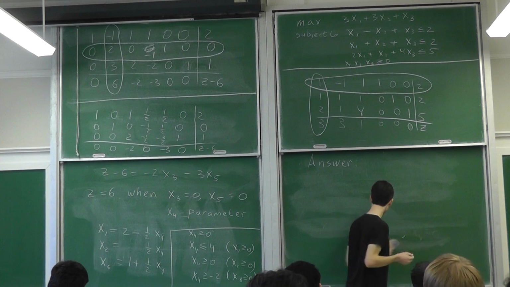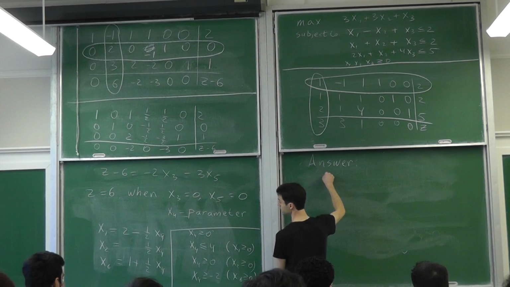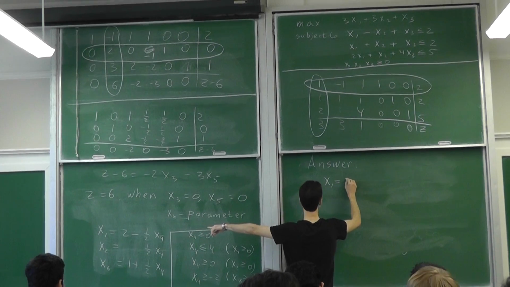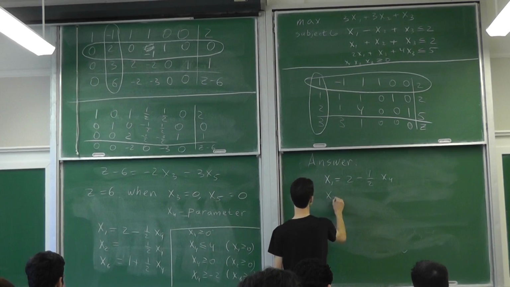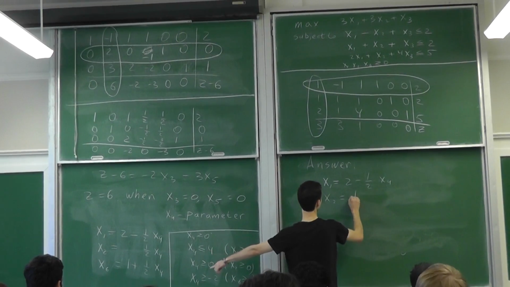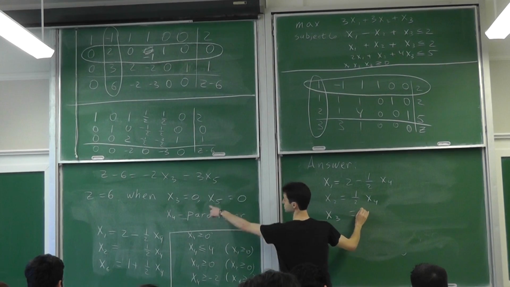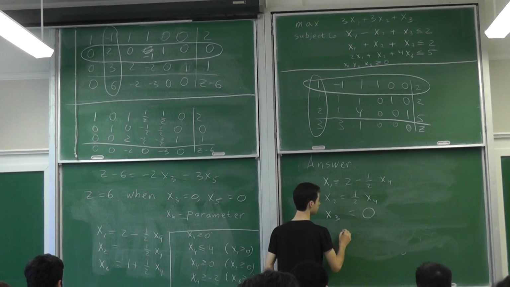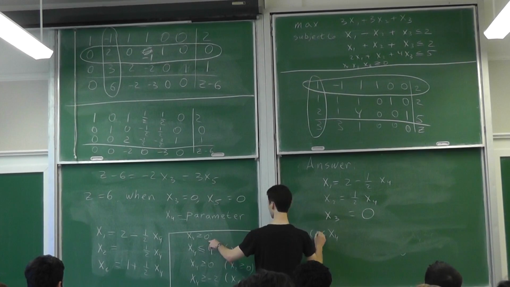The answer should involve just the decision variables, and the answer is like this. x1 is equal to 2 minus 1/2 x4, x2 is equal to 1/2 of x4, x3 is equal to 0, x4 is any number between 0 and 4.